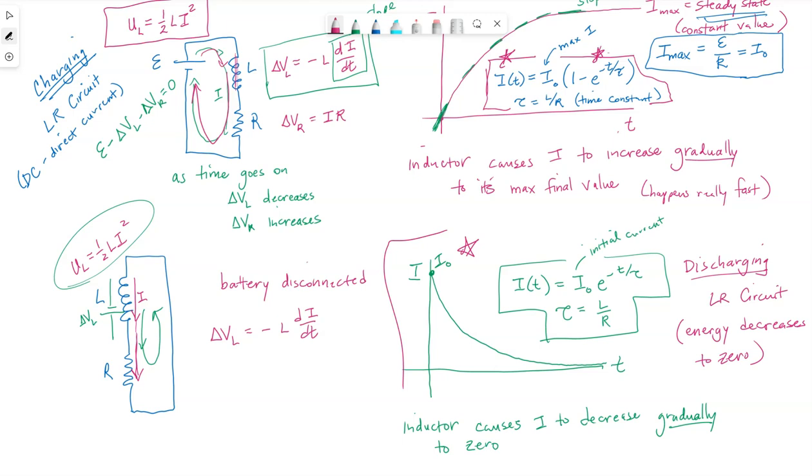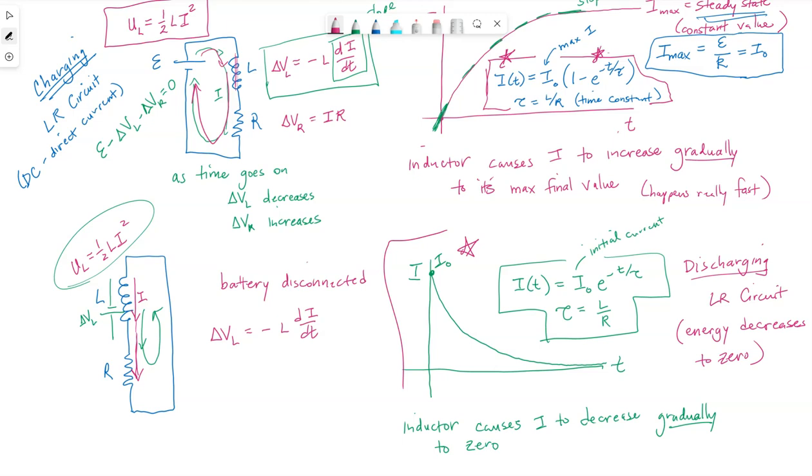So these circuits are called LR, and technically we could see them as an RL, the L meaning inductor, the R meaning resistor. So that's what we mean by an LR circuit. So I'll do a couple examples and show how to use these equations.